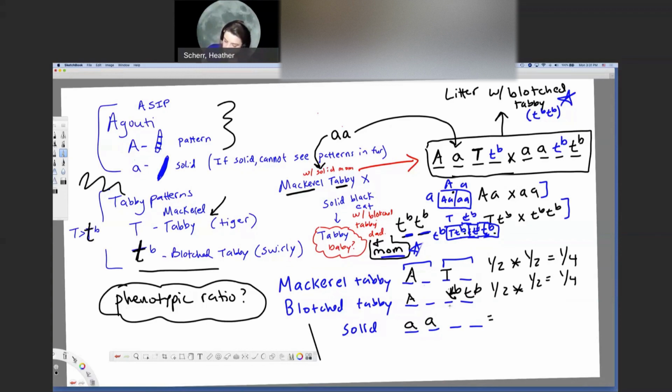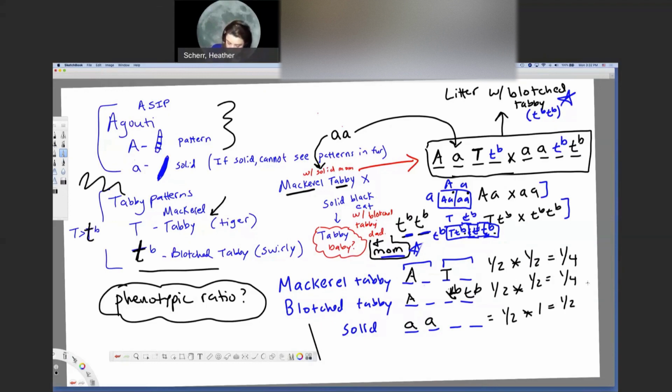What's the probability of getting 2 little a's? 1/2. 1/2 again, and the probability of getting any T is 100%, so that equals 1. And this is good. It should add up to 1 in the end, unless there's some sort of death going on.